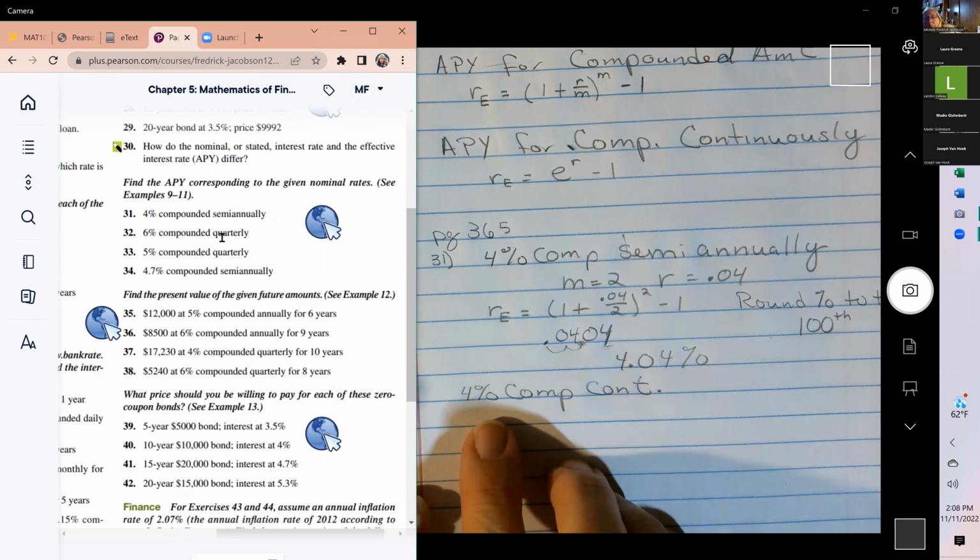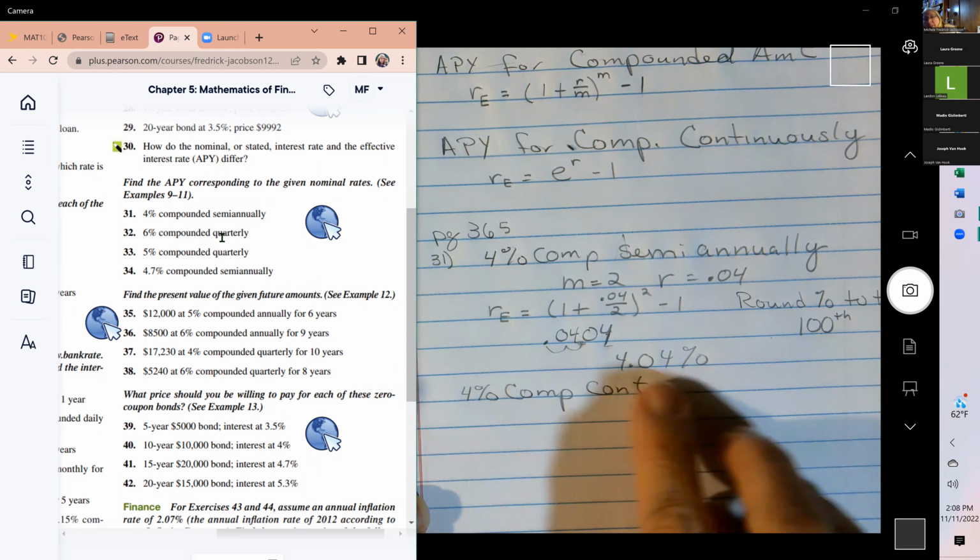Using the same problem, let's find 4% compounded continuously.